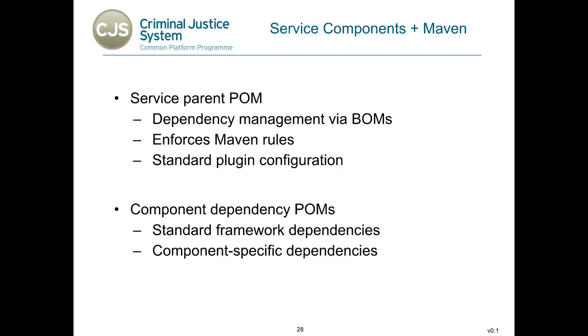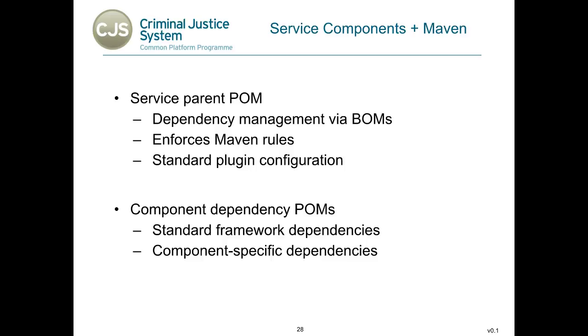So we have this general pattern for what a service component should look like. How do we enforce that or support using that pattern? We have a lot of Maven configuration to do this. First of all, we have a service parent POM that we use as the parent for any service. What that does is it enforces the dependency management via a series of BOMs to make sure that everyone's using the same version of everything.